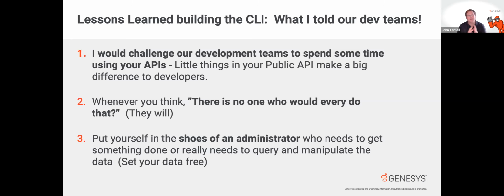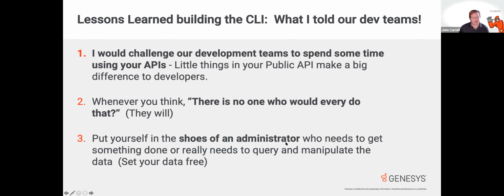And also put yourselves in the shoes of an administrator who needs to get something done. As they're building their APIs, one of our development leads, after he started playing with the CLI, said that every time we build a public API endpoint, he's going to make them also write it in the CLI right away and make sure that it's consumable.